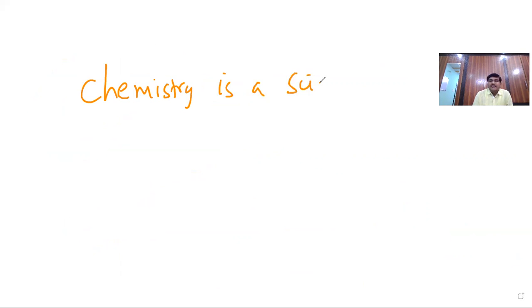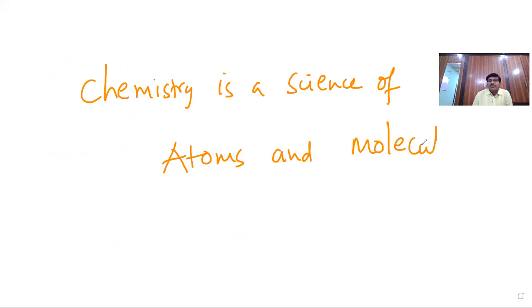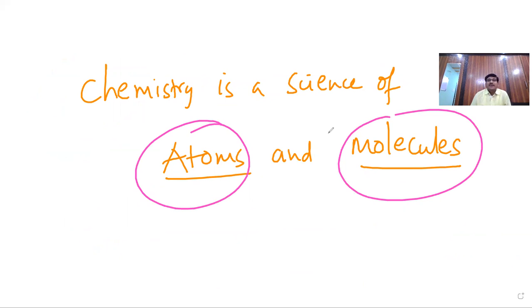Now, if I simply define, chemistry is a science of atoms and molecules. Very simple. Looking very simple, but it is very tough. Understand? What is chemistry? Chemistry is nothing but simply a science which deals with atoms and molecules.